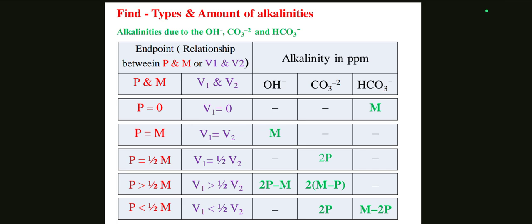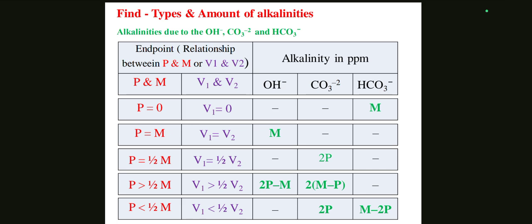Now the fourth relation, P is greater than 1/2 M. What is the formula for that? You can see below OH minus, 2P minus M, means OH minus is present. Then below CO3 2 minus you can see the formula 2 inside the bracket M minus P, and the last one is a dash. Dash indicates that type of alkalinity is absent.